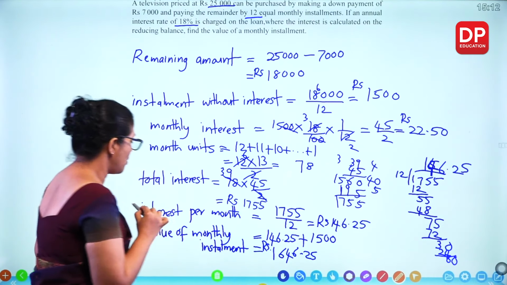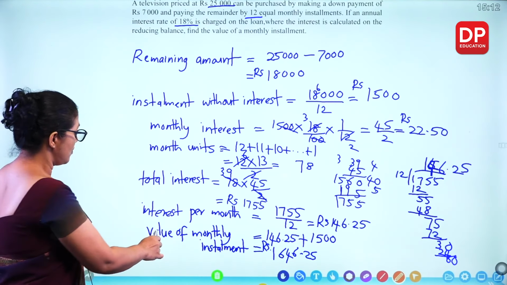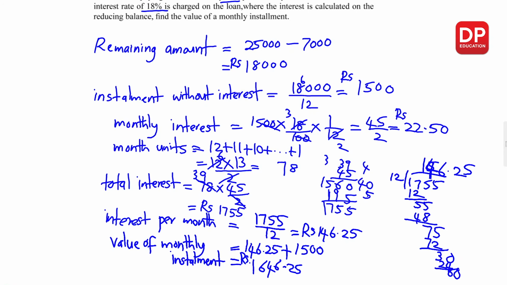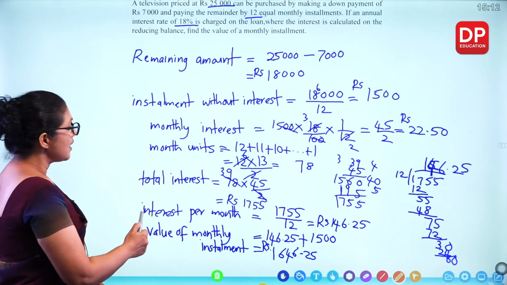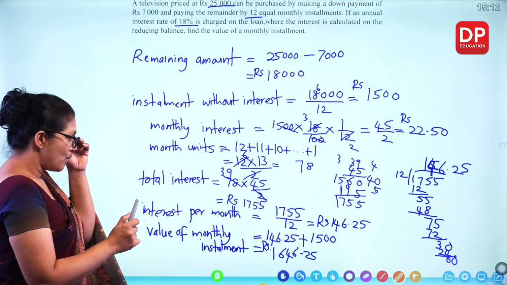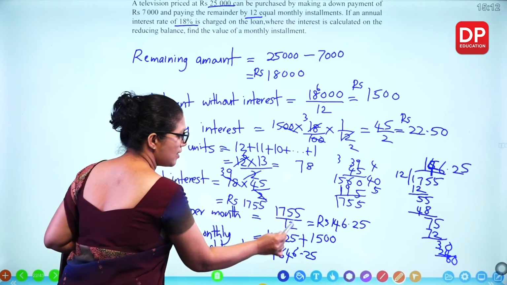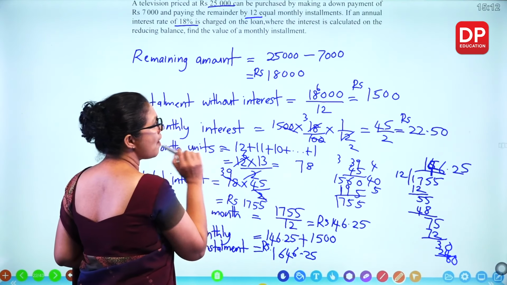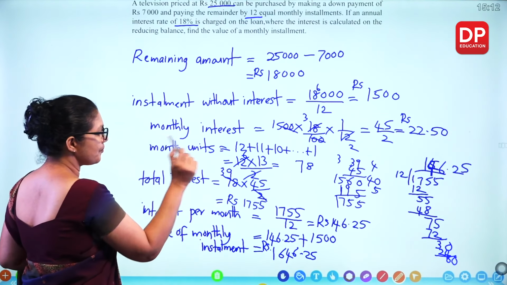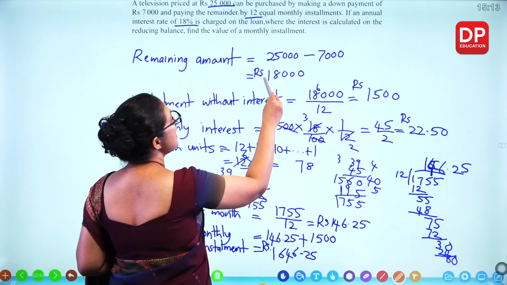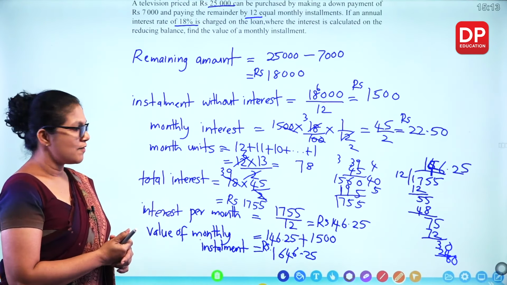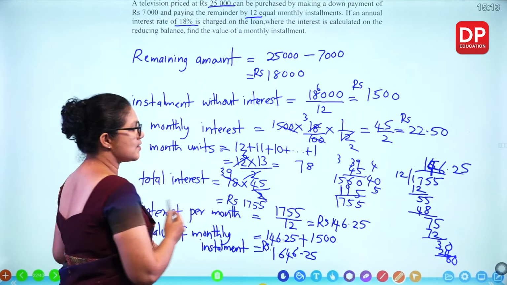So the total value to pay as the monthly installment is 1,646 and 25 paise. Here one can do it without dividing by this one. First you can find out the total amount, 18,000 plus 1,755, and then finally you divide by 12. You get the same answer as this one.